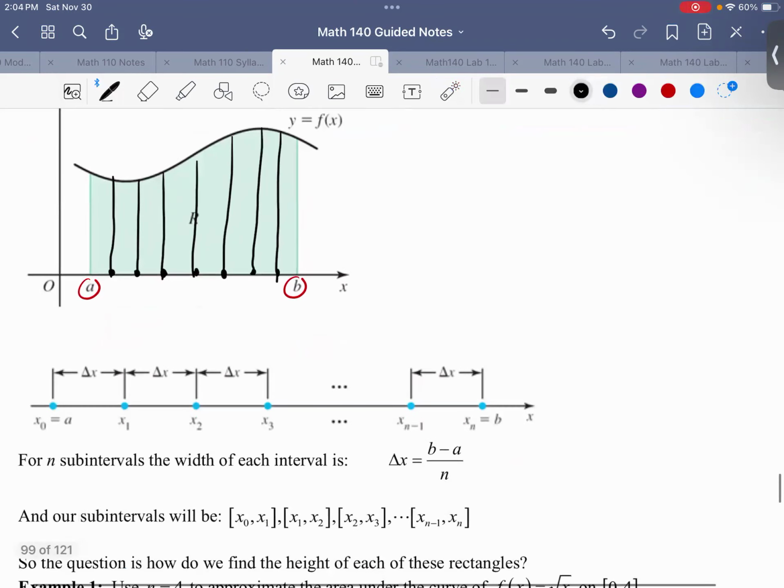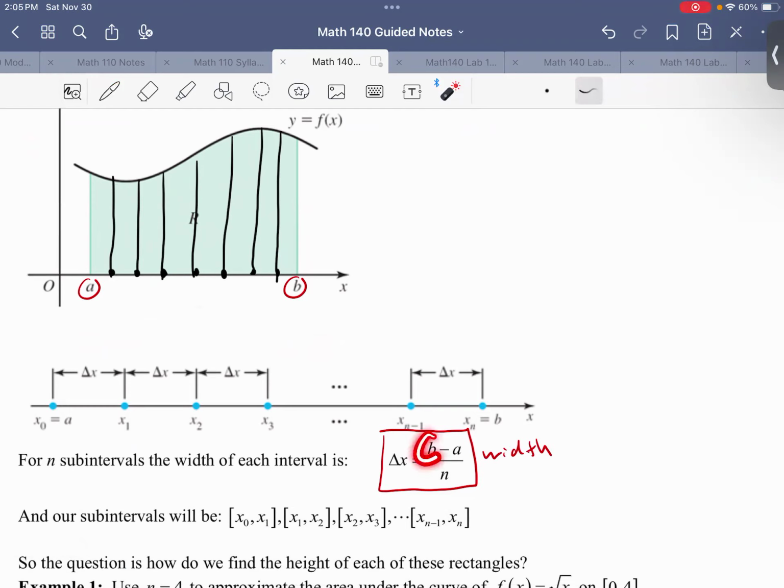Depending on how many rectangles you want, we can divide up each rectangle into the same width called delta x, where delta x is the width and it's b minus a over n. That'd be the width of each rectangle.